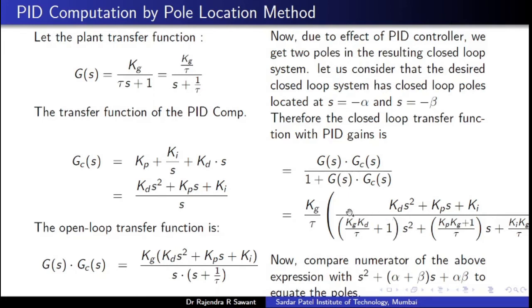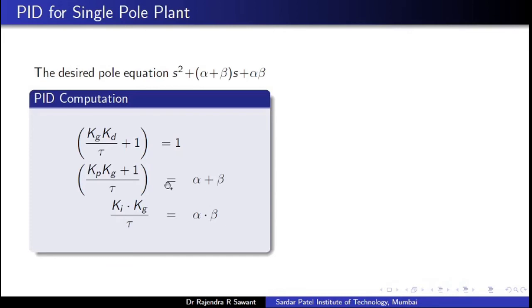The term associated with the single power of s, Kp into Kg plus 1 upon tau, is equated with alpha plus beta, and the third term, Ki into Kg upon tau, is equated to alpha beta.